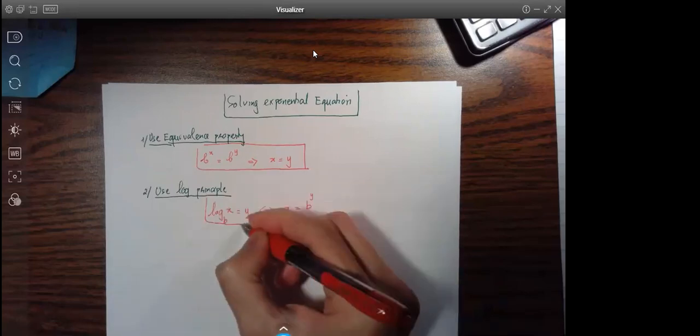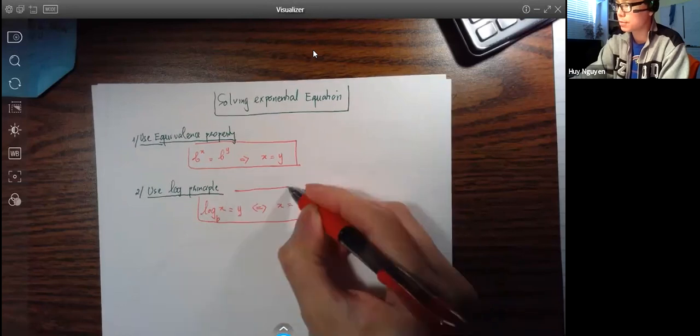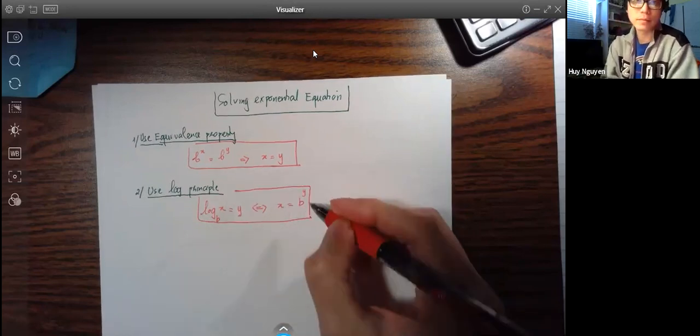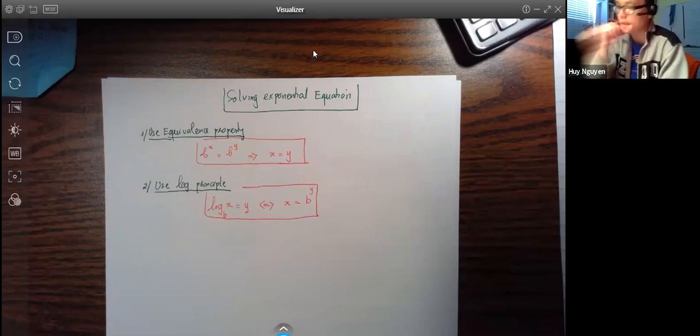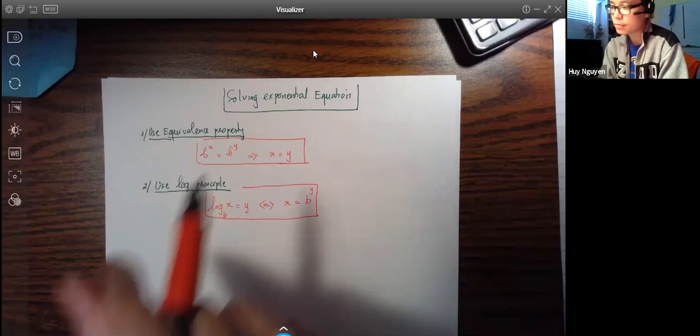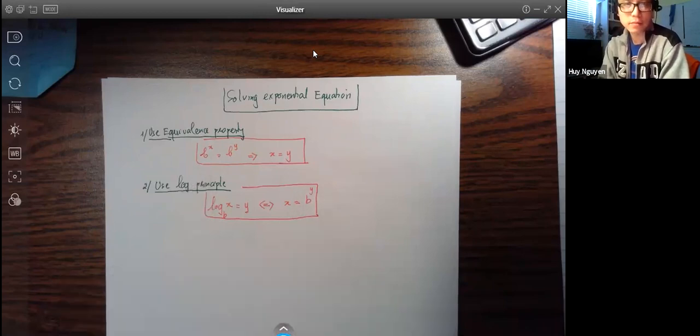Oh my God, this is so important. Log base b of x equals y is equivalent to x equals b to the y power. We're going to use these two methods to solve exponential equations.